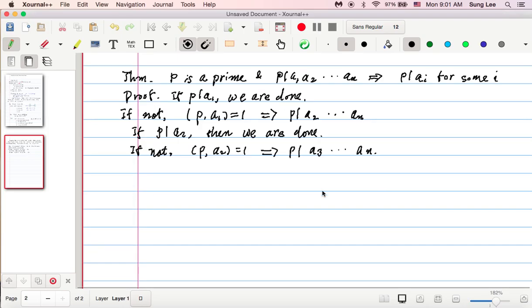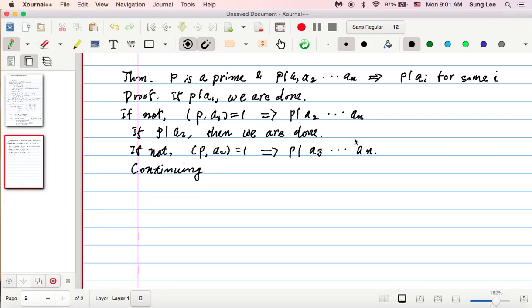Continuing this process, this process must terminate at some point because we have only the product of finitely many integers.